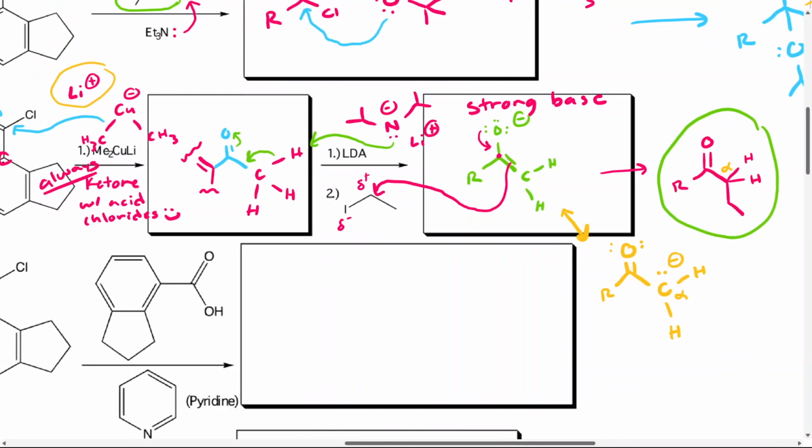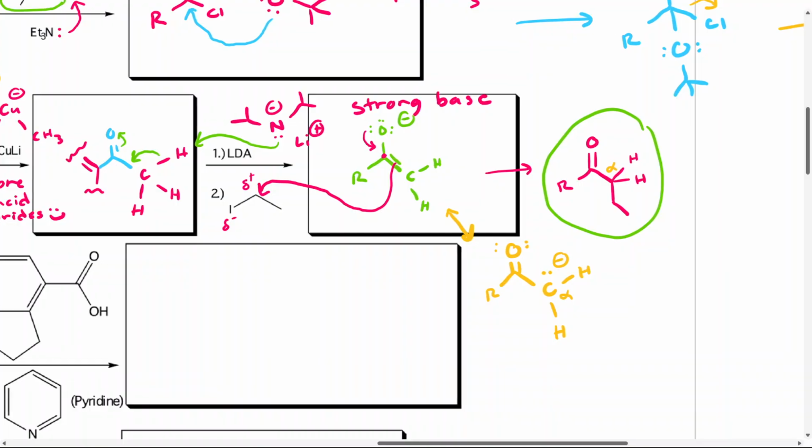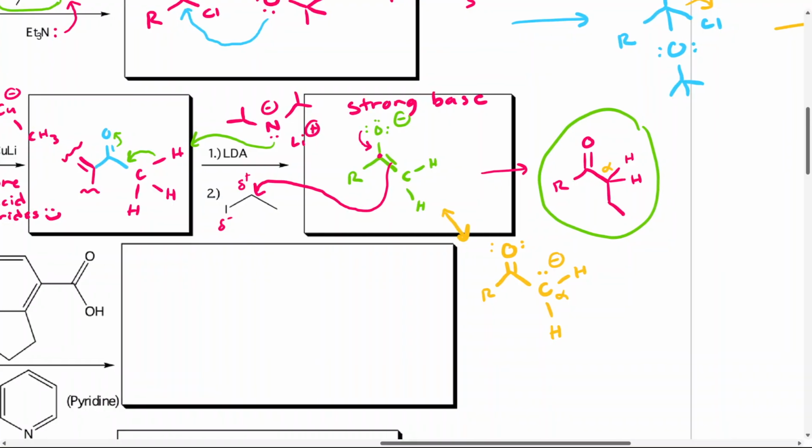And this here is the right answer. A pretty fast tip to think about this is that LDA is going to take out a hydrogen from the sterically hindered side.